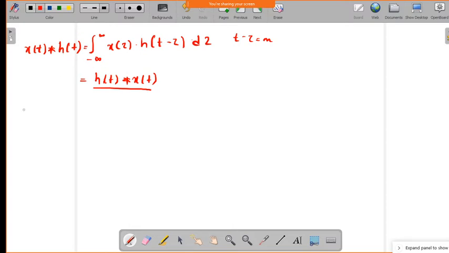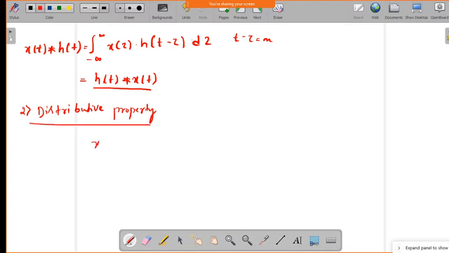Now come to the second one, the distributive property. What is meant by distributive?